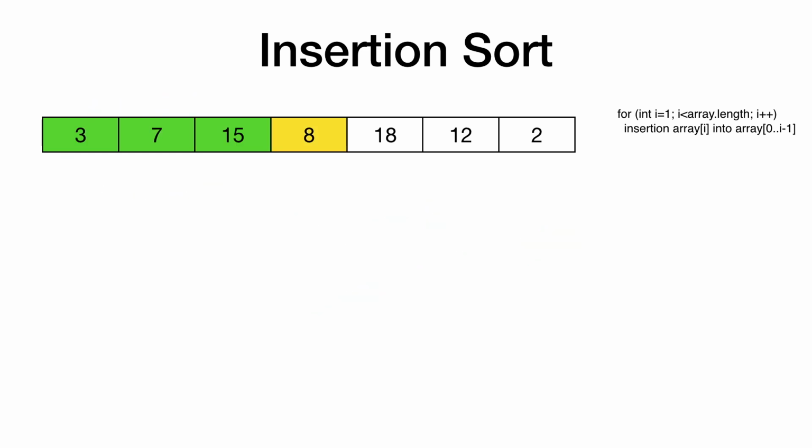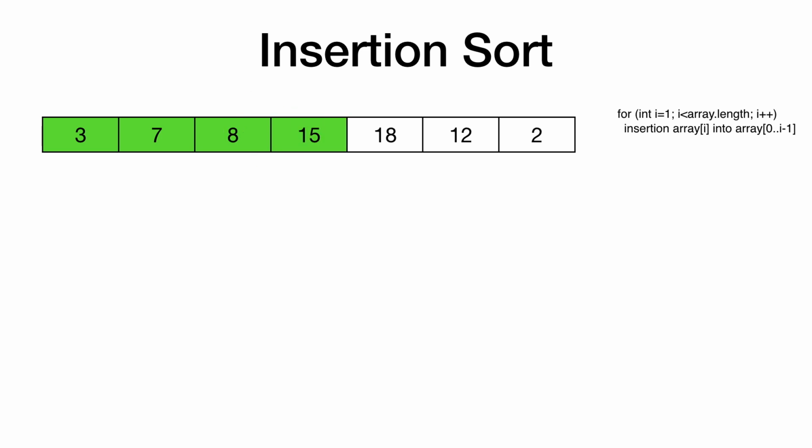We do the same thing with 8. We know 8 needs to go here, so if 8 goes here, then 15 needs to go there.